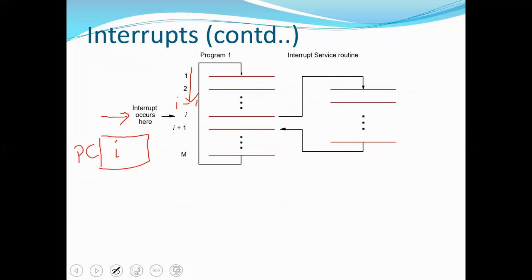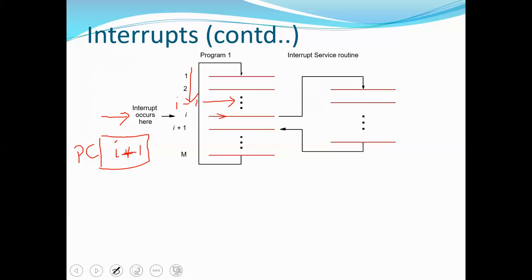PC is a register in the processor which holds the address of the next instruction to be executed. So when instruction I minus 1 was under execution, the value I is stored in PC. Now instruction I starts to execute. Immediately the PC value will be incremented by 1 to the next location in memory so that it is ready to access the next instruction.